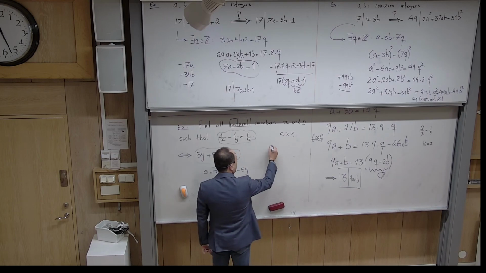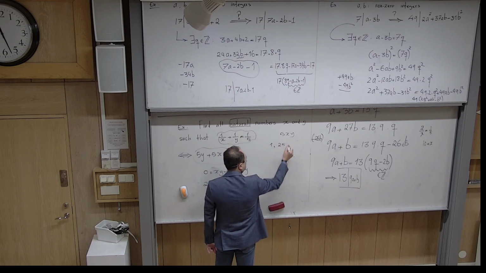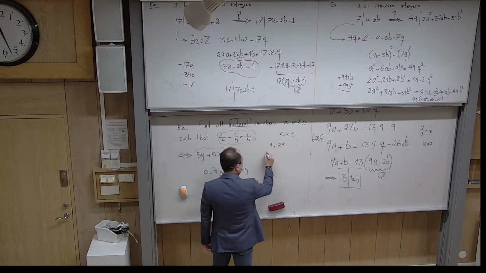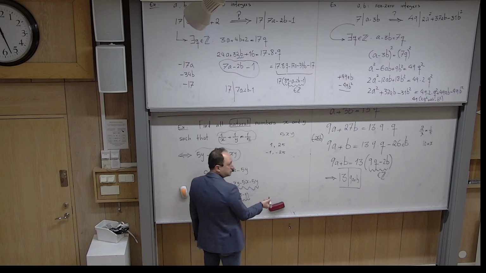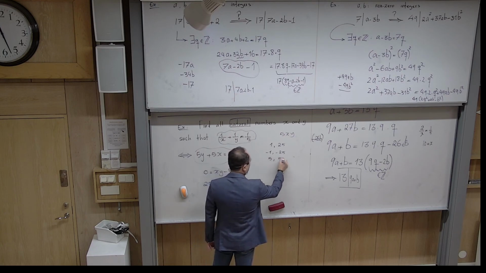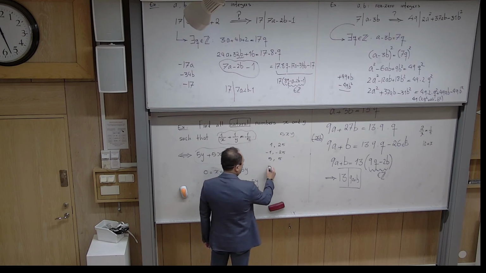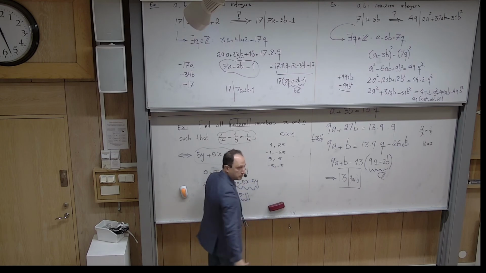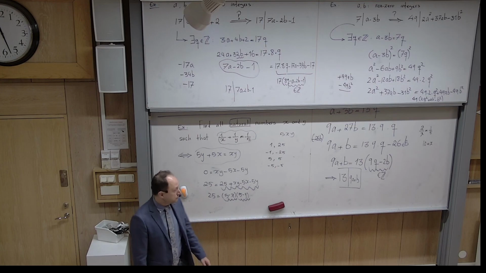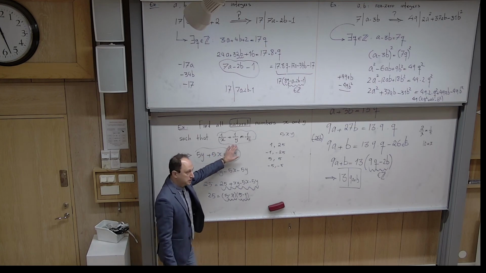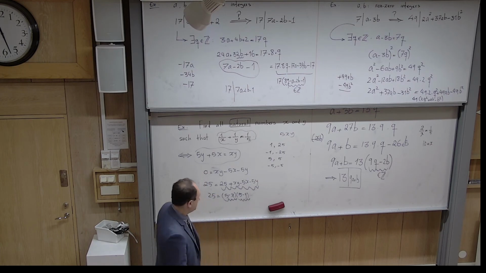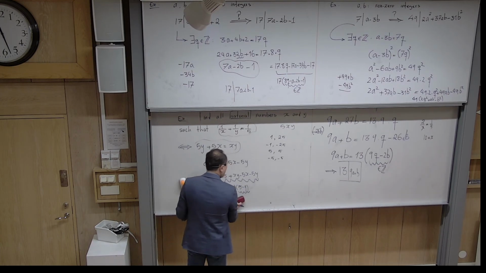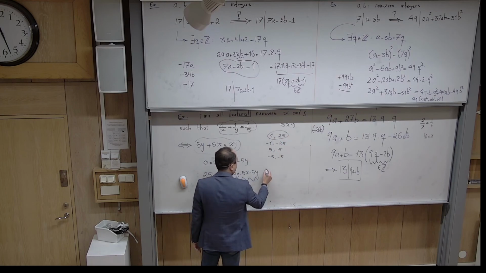Either I have 1 and 25, either I have minus 1 and minus 25, or what? 5, 5, or minus 5, minus 5. So I was able to narrow it down from infinitely many possibilities to only 4 possibilities. And then I can go and check them. For example, if you say this, there are two options.